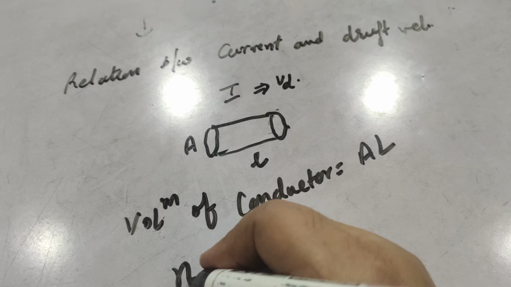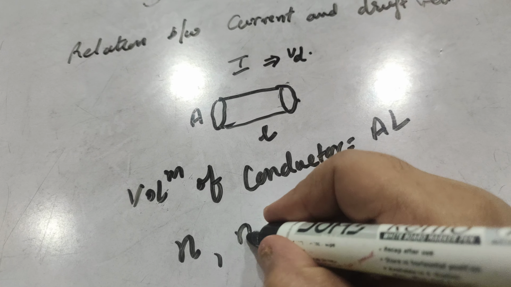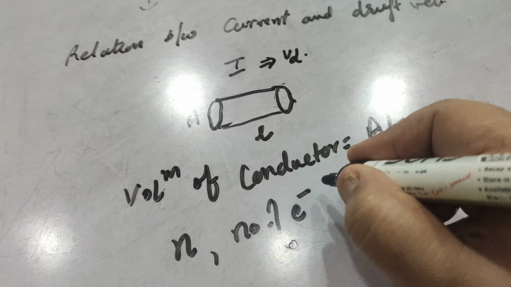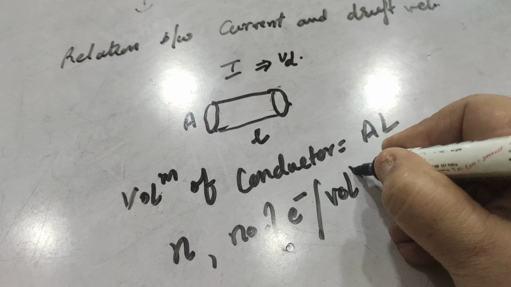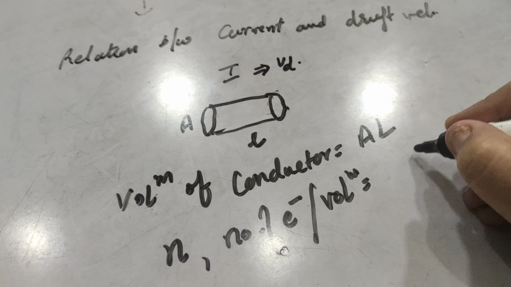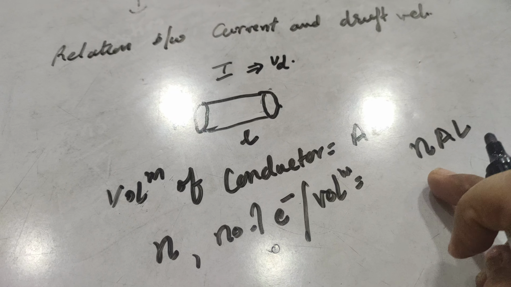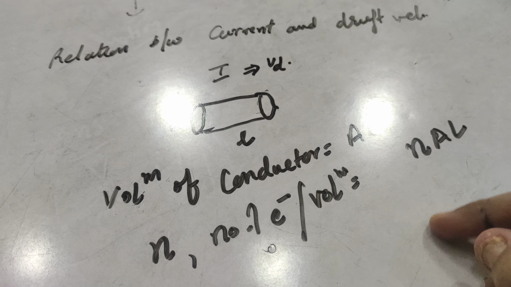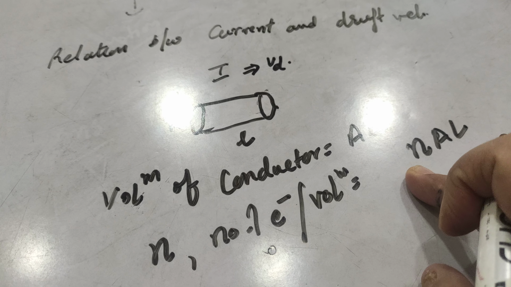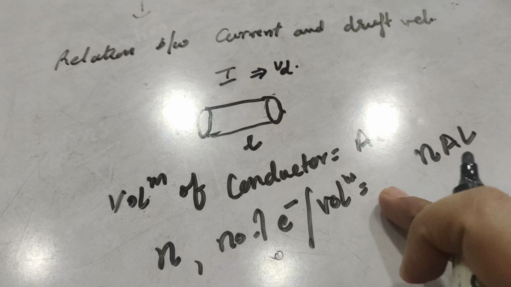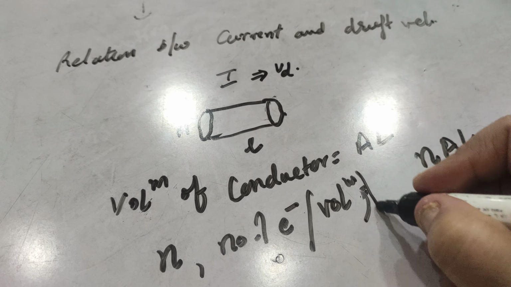Now if in this conductor there are n number of electrons per unit volume, in this case the total number of electrons will be nAL, because per unit volume and volume unit will cancel out and we will get the number of electrons only, right? So this is the total number of electrons.